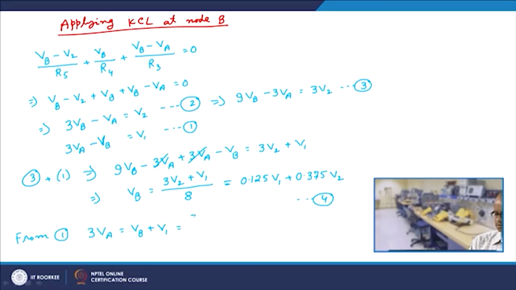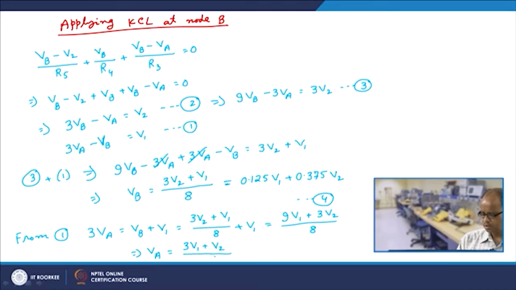So, VB is (3 V2 plus V1) by 8 plus V1, that means (9 V1 plus 3 V2) by 8, or in other words VA is equal to (3 V1 plus V2) by 8.